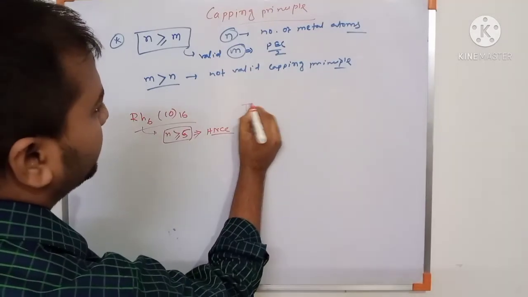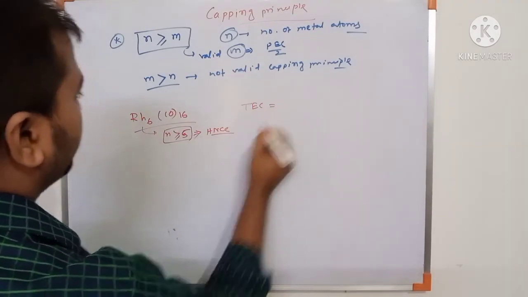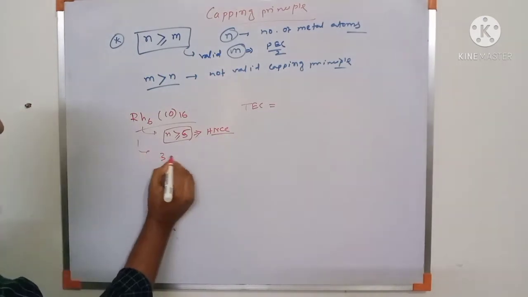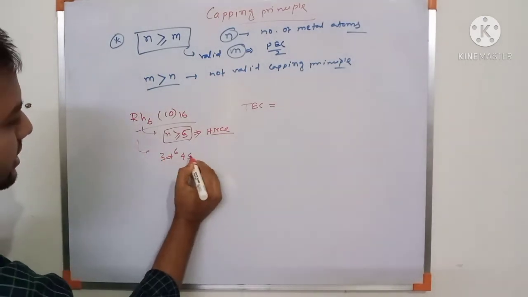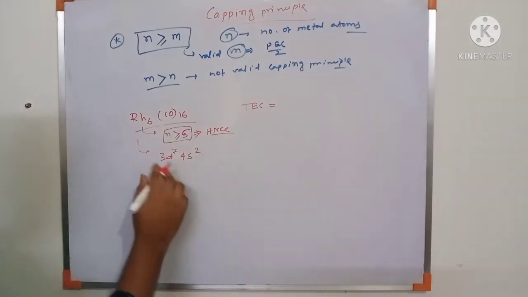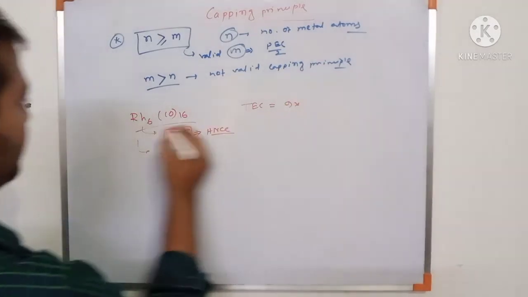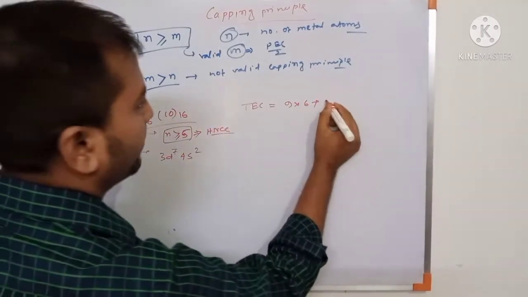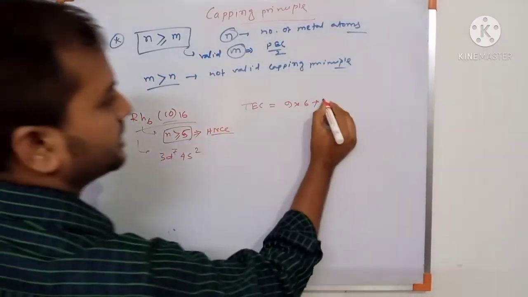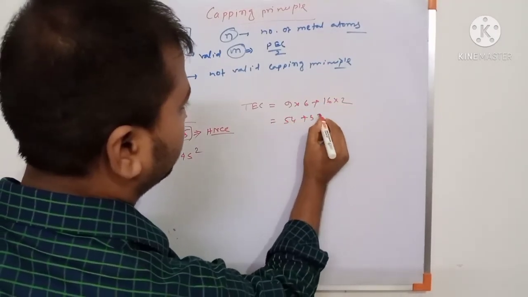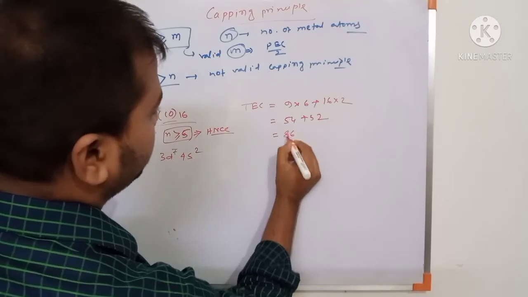Then we calculate the total electron count. Rhodium is in the cobalt family, 3d7 4s2, so total electron 9. So 9 into 6 for rhodium, plus 16 CO into 2, is 54 plus 32 equal to 86.